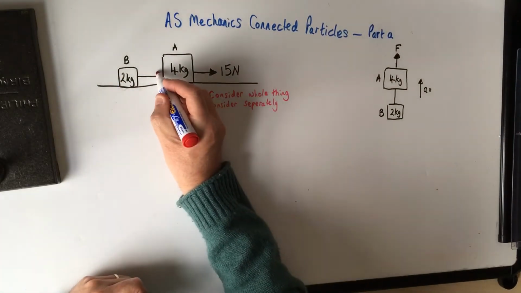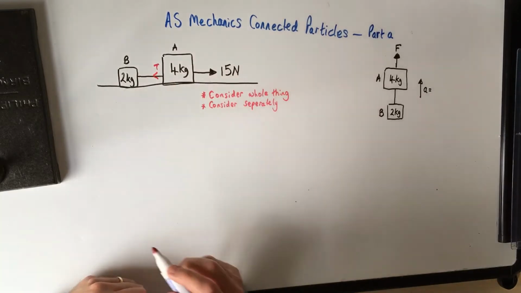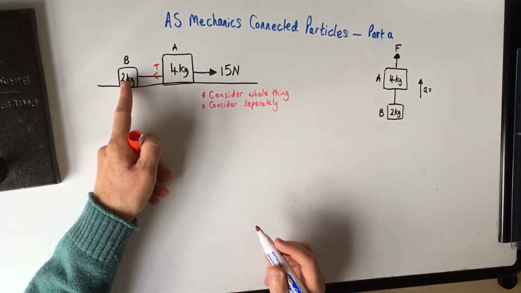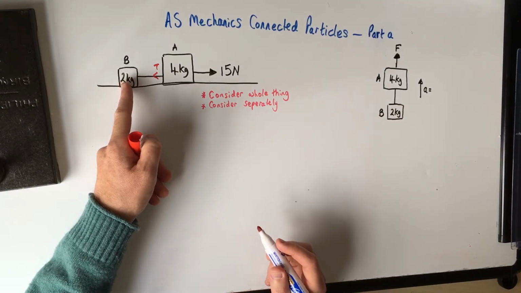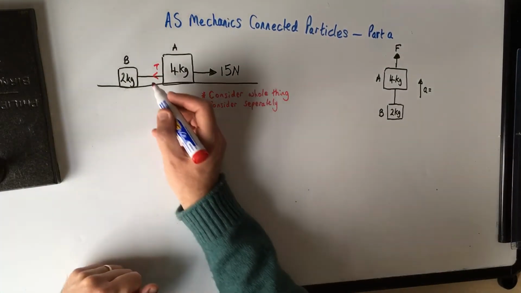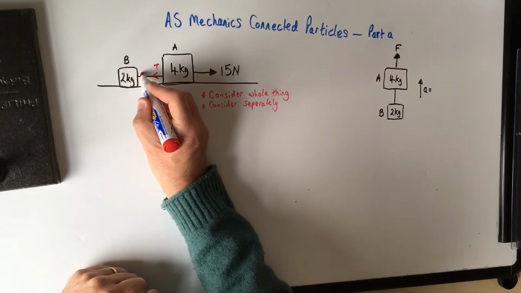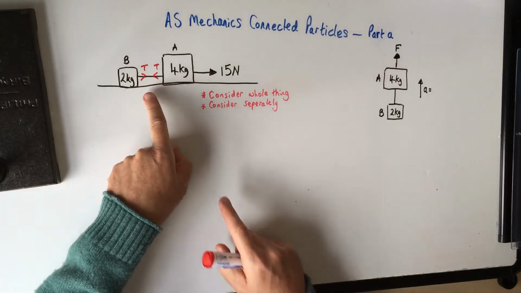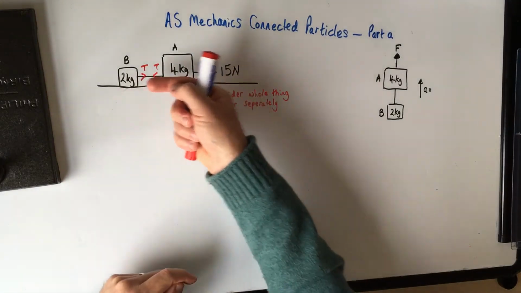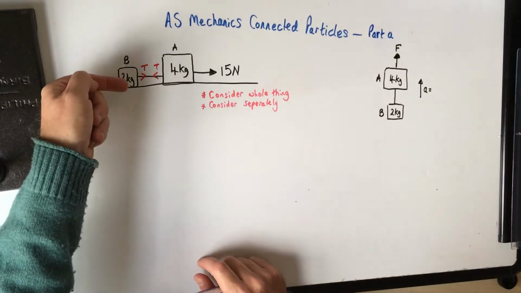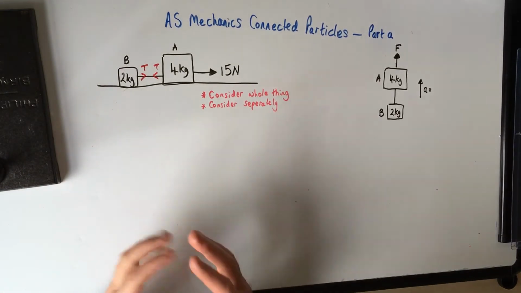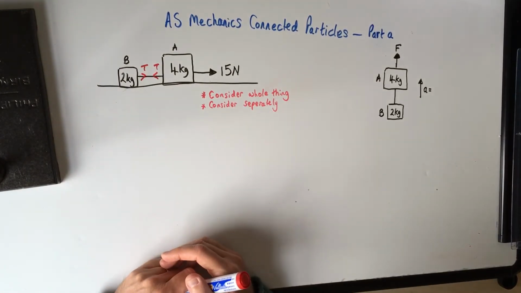So we always add tension acting away from the object. That tension is also pulling this 2 kilograms along in that direction. So for this 2 kilograms, the tension is acting away from it. So the tension in that rod is going to be acting away from the 4 kilograms, but it's also going to be acting away from the 2 kilograms when we look at those separately. So always put that in.